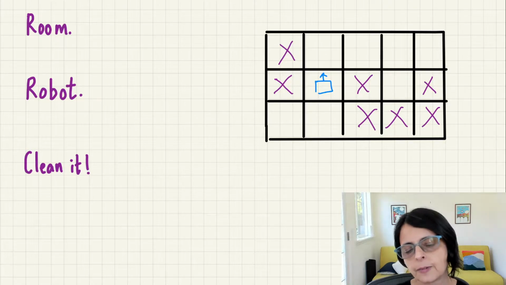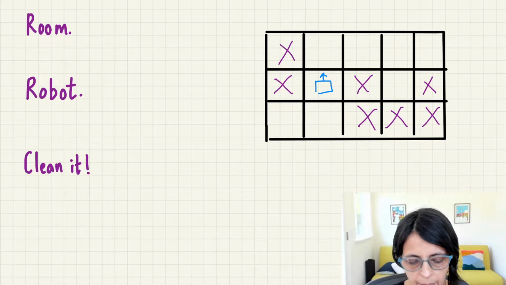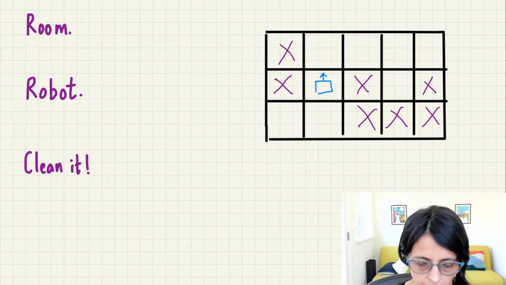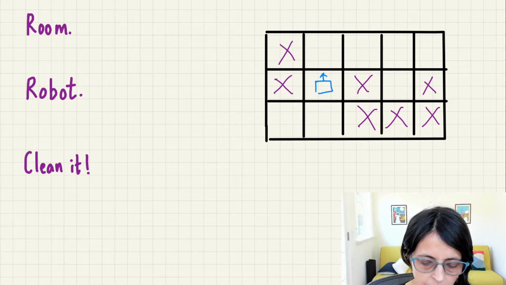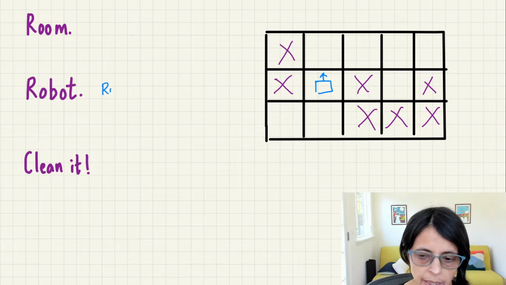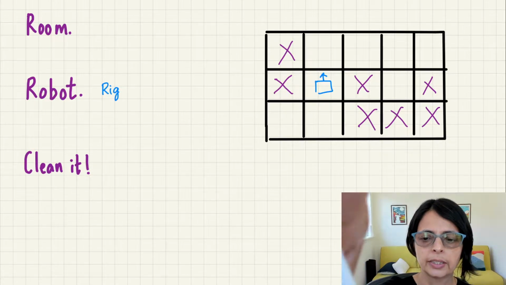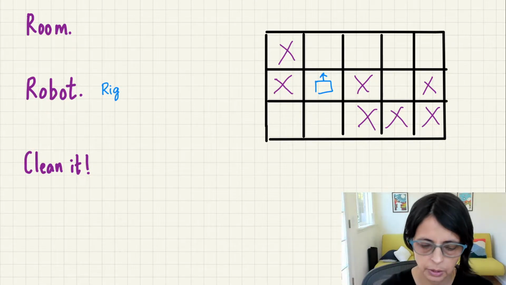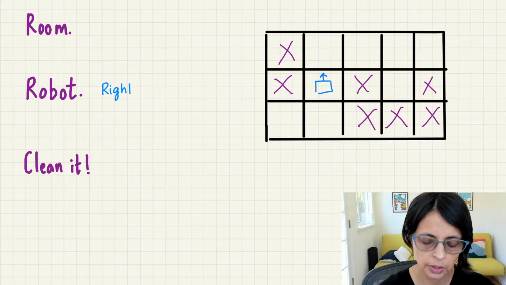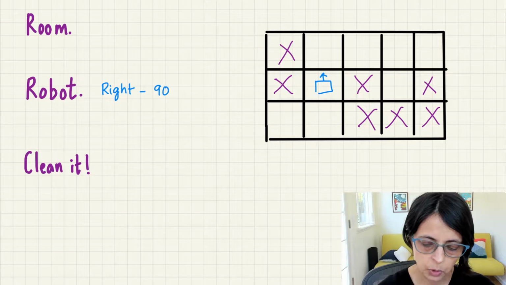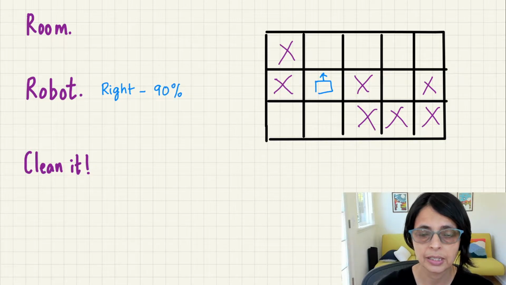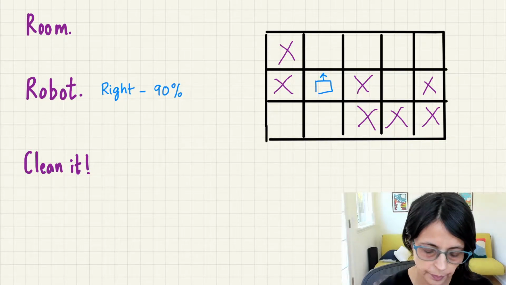And the robot has a fixed API. The API of the robot, let's write it down here on the left, is 3 actions. There is the right turn. This makes the robot turn right by 90 degrees. This operation always succeeds.